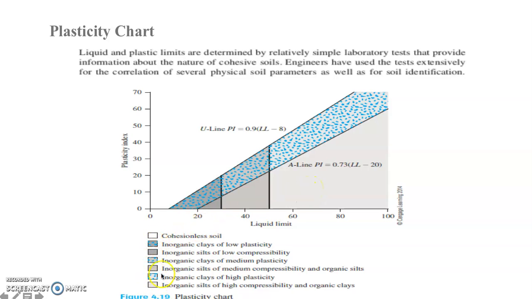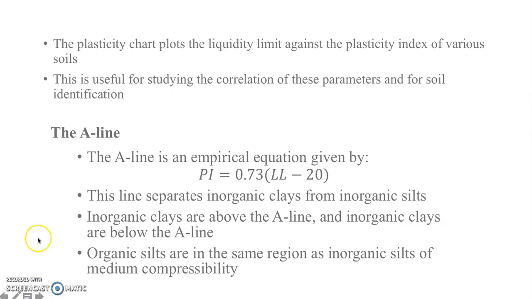So we have here the legend for what type of soil we have identified in the plasticity chart. The plasticity chart plots the liquid limit against the plasticity index of various soils. It is useful for studying the correlation of these parameters and for soil identification.